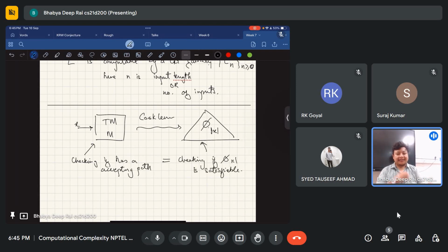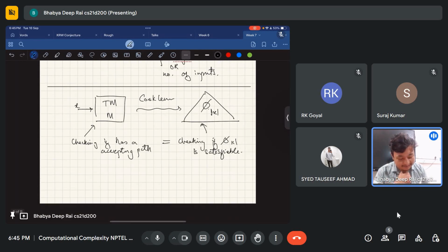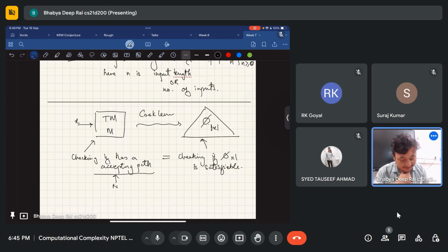This characterizes NP, and this characterizes SAT. So any NP problem can be reduced to SAT. Any L in NP reduces to SAT.